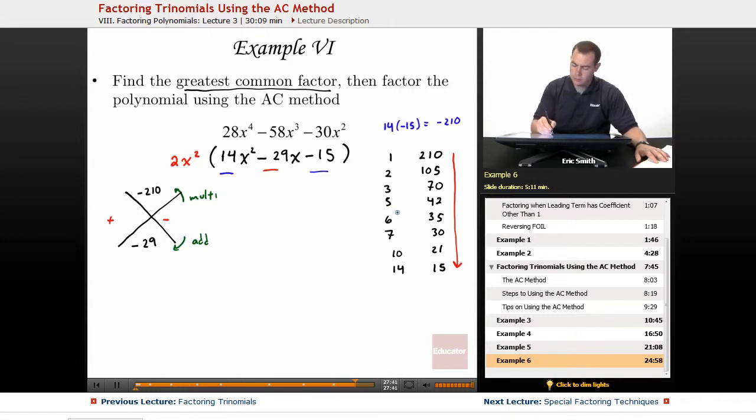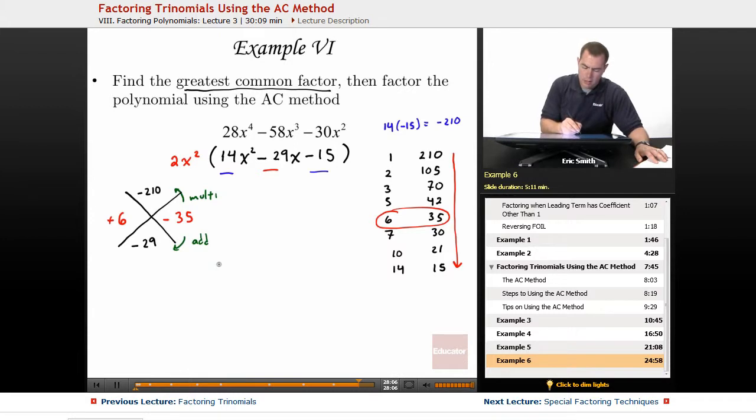The one that will do it will be this pair right here, the 6 and the 35. Sure enough, those multiply to give us the negative 210, and they add to give us the negative 29. Sometimes you might have to go through really checking these one by one, but it's definitely a worthy process.